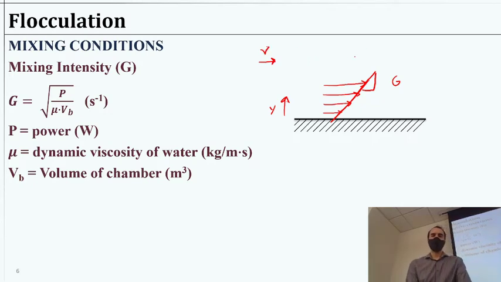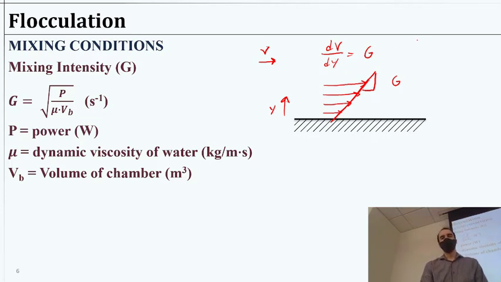So we could say, well, this mixing intensity here, we could say dv/dy equals G. So the differential of velocity per distance away from that.